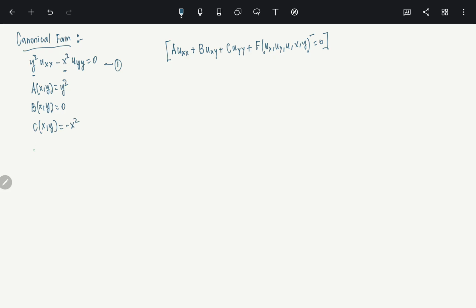Clear? And then b square minus 4ac, evaluated at an arbitrary point xy, is given by 4x square times y square. B is 0, right? So this is definitely positive for all xy in R2. So if this is the case, then the equation 1 is hyperbolic.